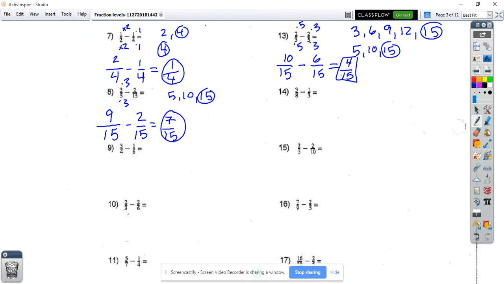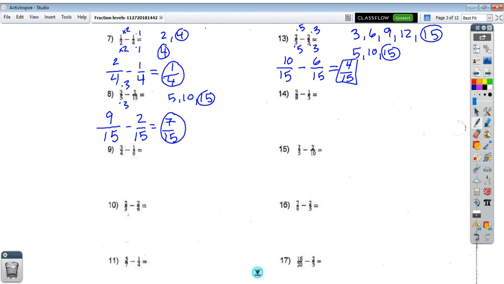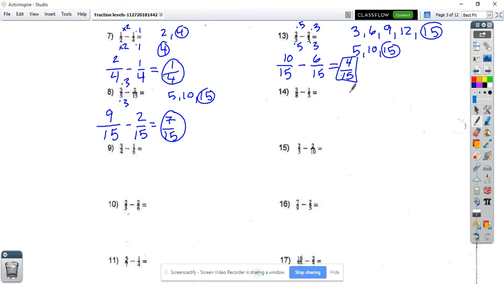Look at question 14. We have 8ths and we have thirds. So let's list my thirds. 3, 6, 9, 12, 15, 18, 21, 24, 27. Let's stop there.